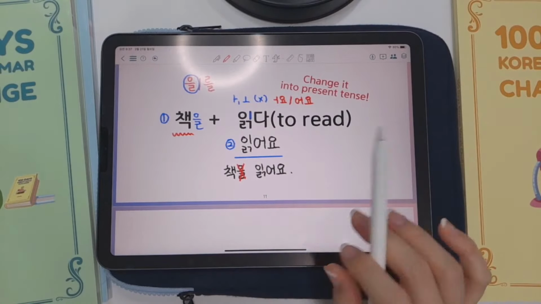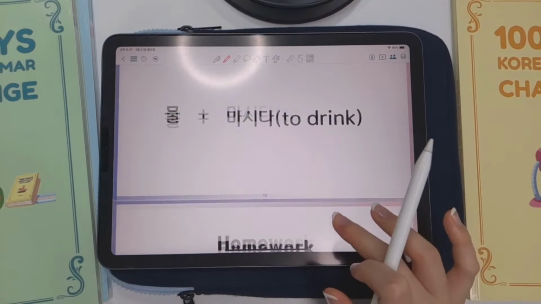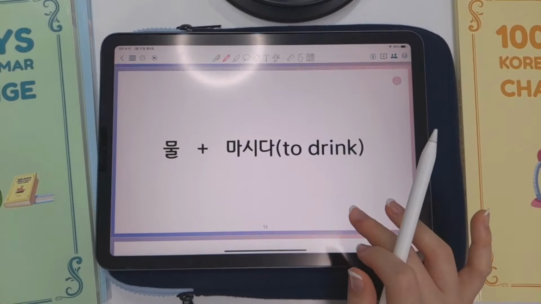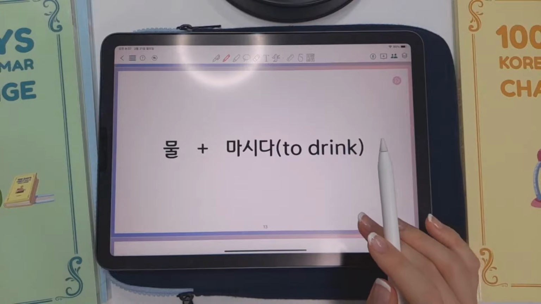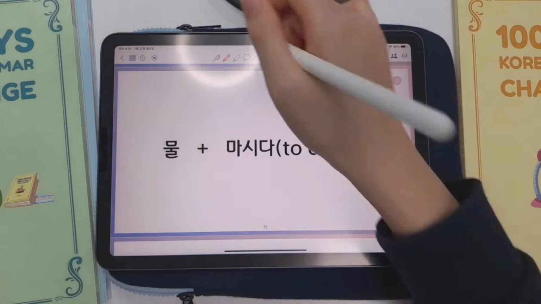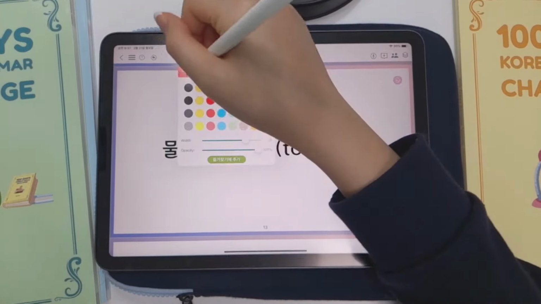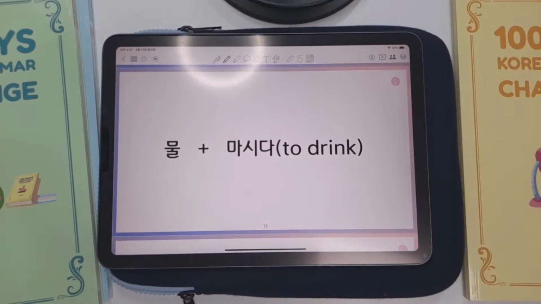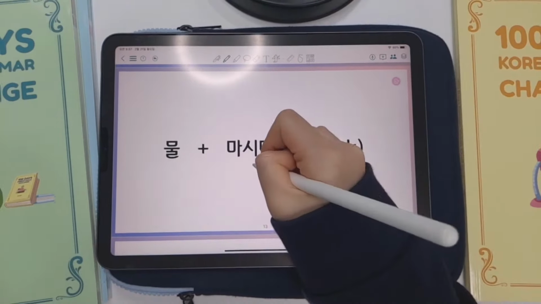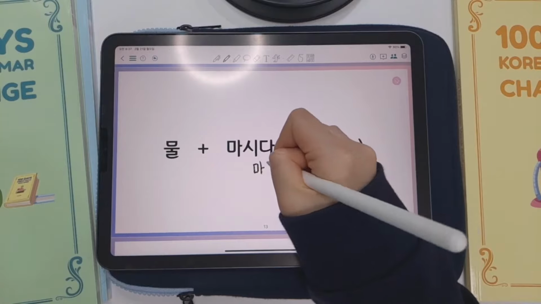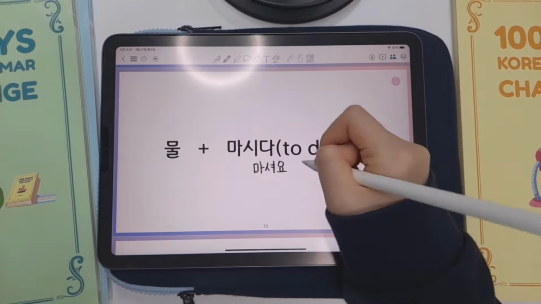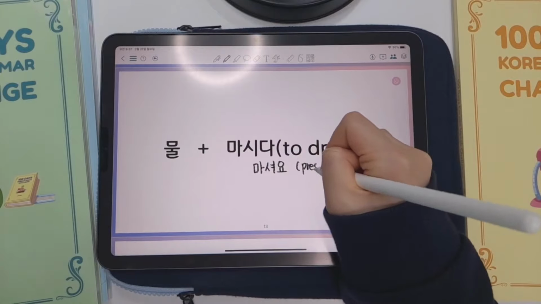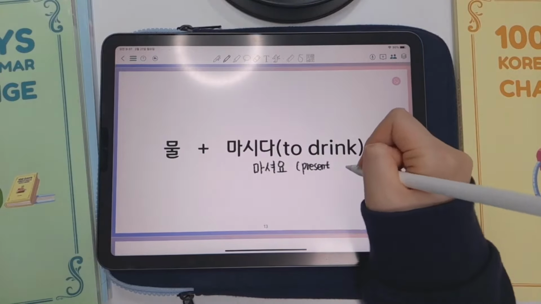Okay, and what about the next one? 물 plus 마시다. In this sentence, you can change this 마시다 into present tense like 마셔요. It's the present tense of 마시다, which means to drink.